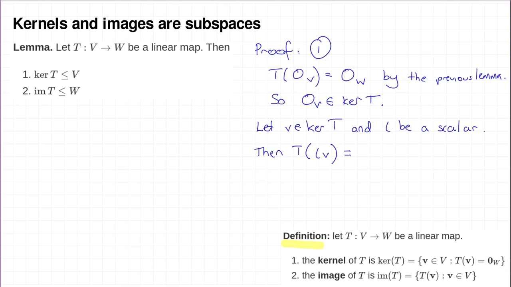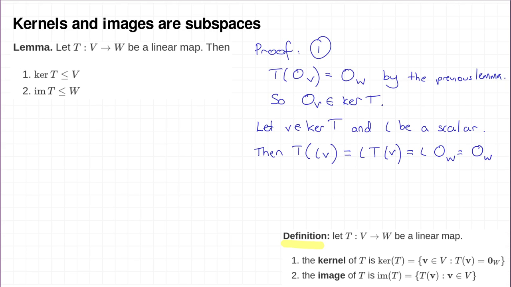Well, T of L times V is L times T of V because T is a linear map. V was an element of the kernel, so T of V is equal to the zero vector in W, so this is L times the zero vector in W. And we've seen that any scalar multiple of the zero vector is again the zero vector.